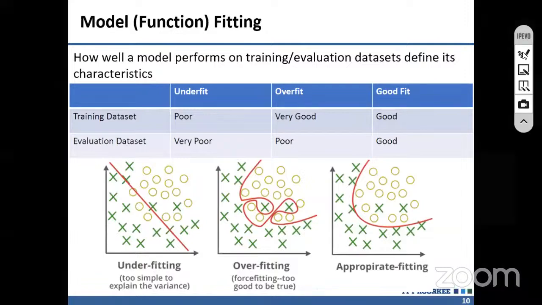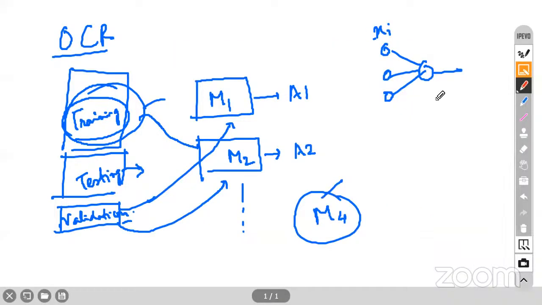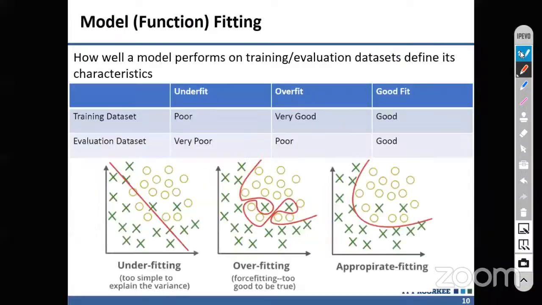A simple model will give you some results, but these will not be good results. If you have data like this, you will get a line which will not be able to separate the data properly.